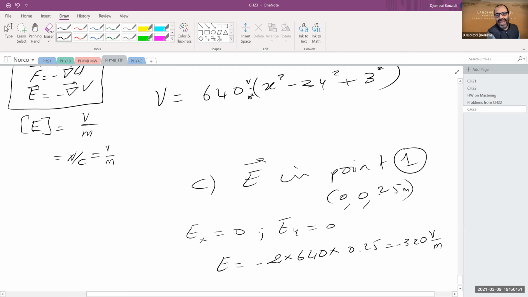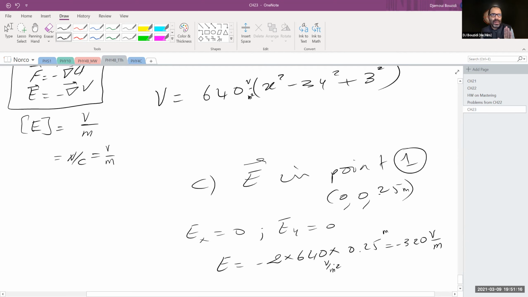Remember, A has the units of volt per meter squared, and this is meter, so this is why I was saying the units are going to be this thing in here. So the electric field is pointing down in the z direction, and 0 in the other 2 directions at that point. And that's why it was a higher potential.